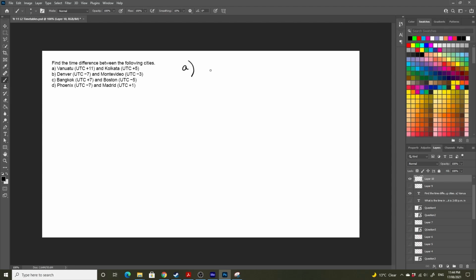So if we compare the two, we can do 11 minus 5, which equals 6. So there's a 6-hour difference between them. So time in Calcutta is 6 hours before the time in Vanuatu. So this will be 6 hours difference. And we can do this for all of them.